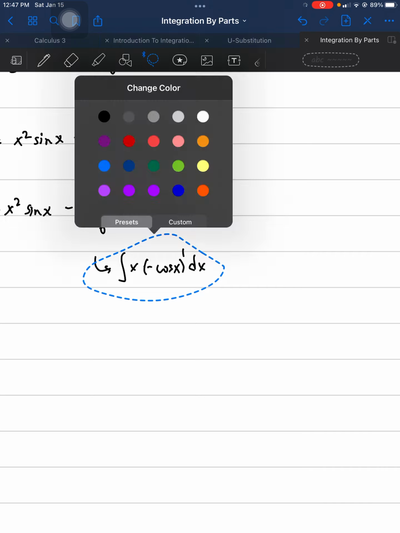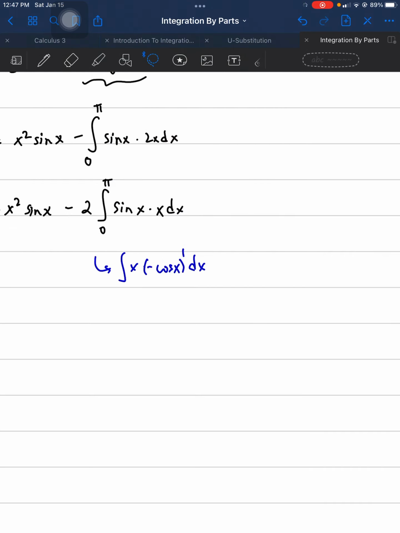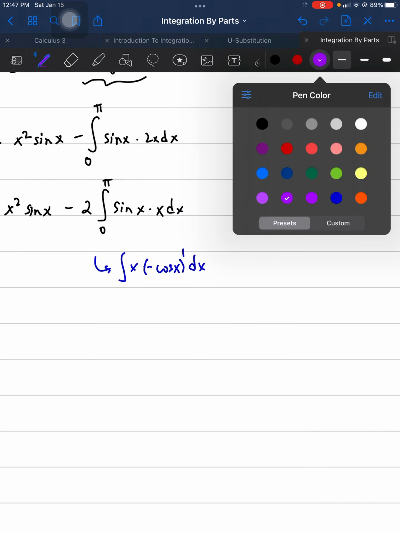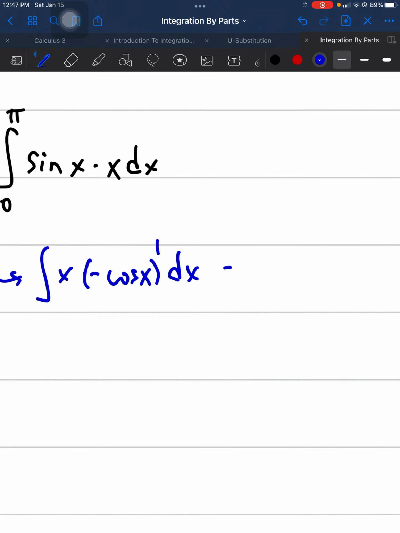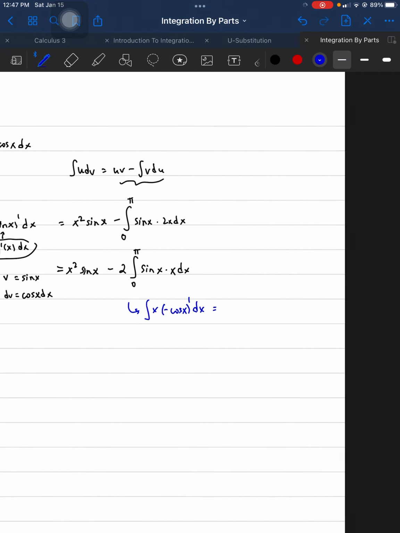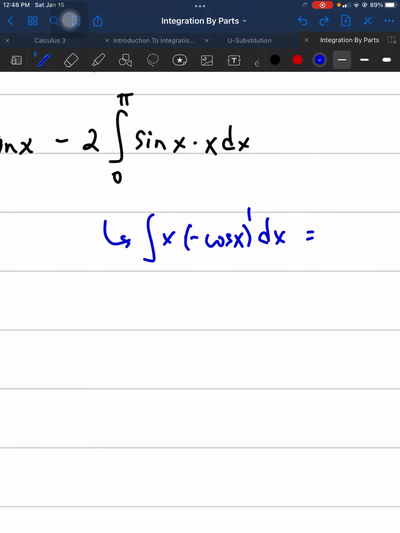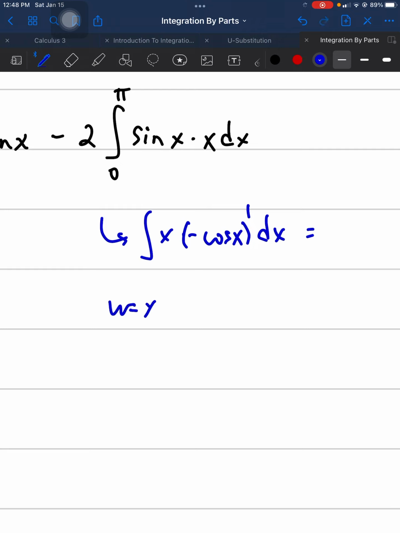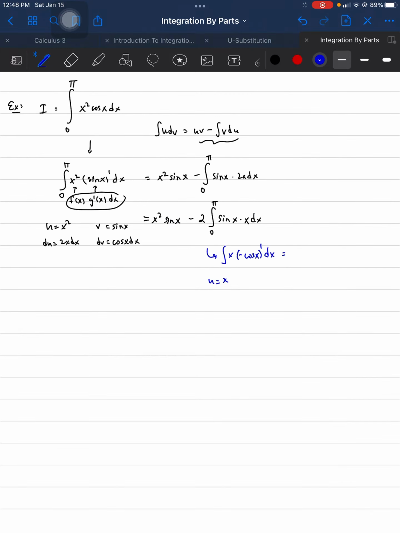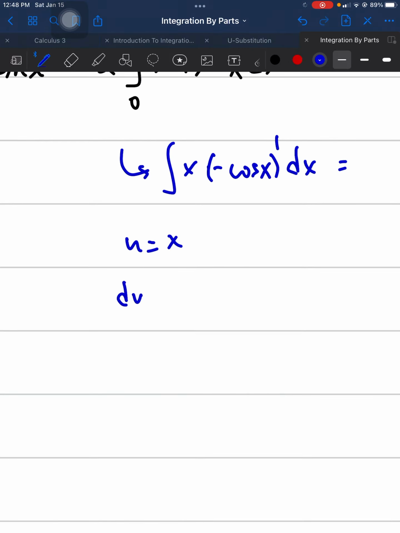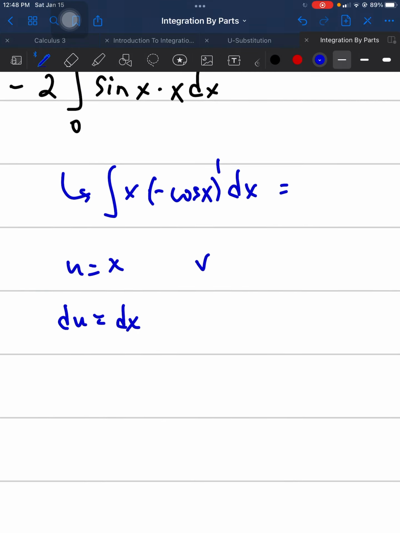Let me make this a different color. Let's make this blue. The formula says it's going to be u times v, then minus the integral of v du. So we set u equal to x. When we differentiate, du is equal to dx.